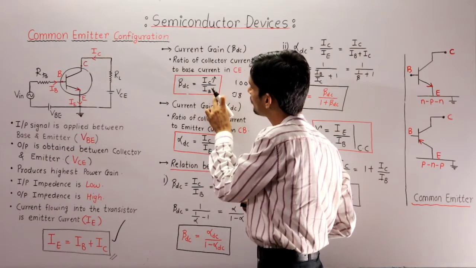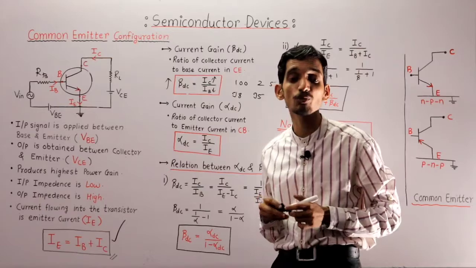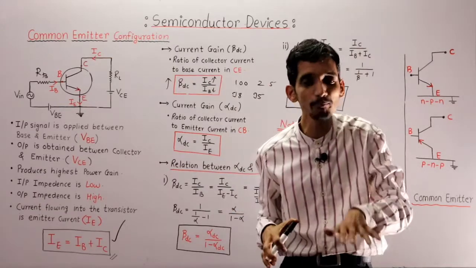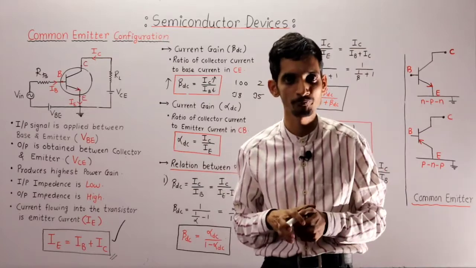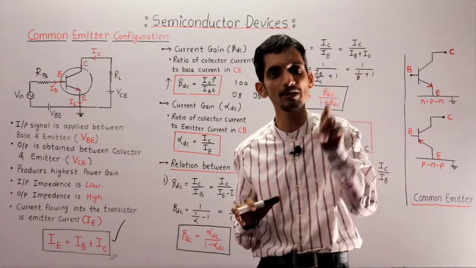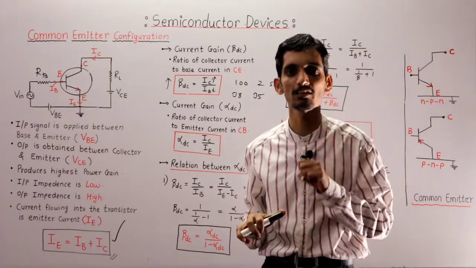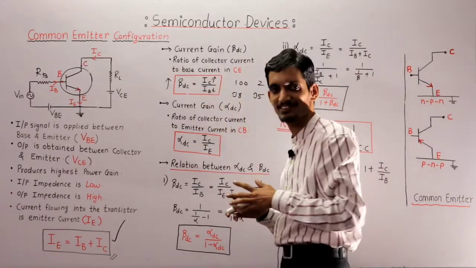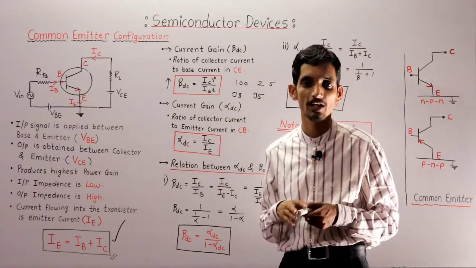When you decrease the base current, beta increases. It means you have to decrease the recombination inside the base. Due to the decrease in recombination, the base current decreases, so the collector current increases to satisfy the equation IE equals IB plus IC.